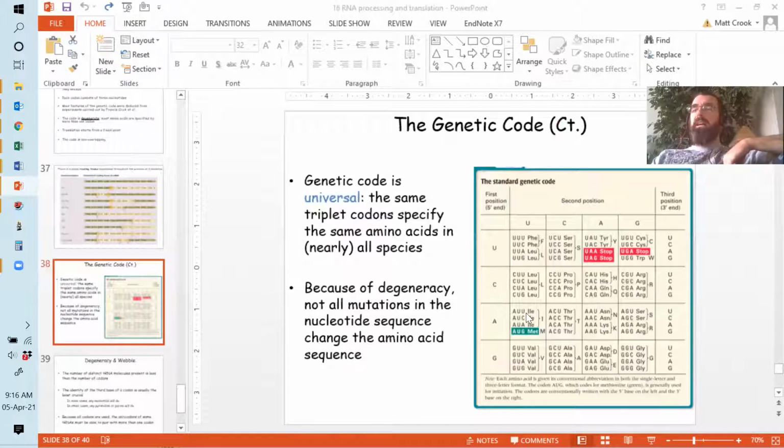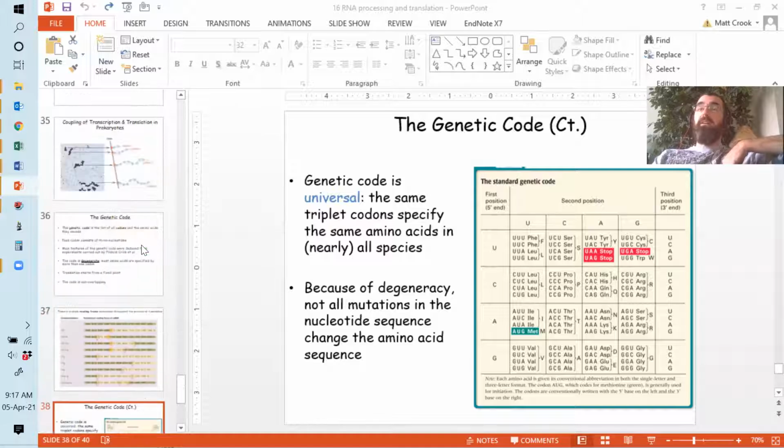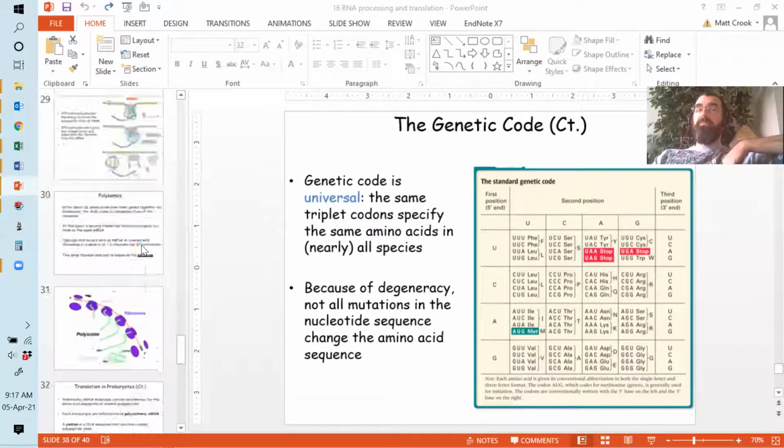Just as you have a start codon, that's methionine, you have 3 stop codons, UAA, UGA, and UAG. These do not have a tRNA that recognizes them. So when a ribosome encounters one of these in the A site, translation stops.